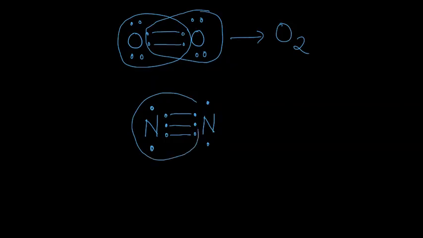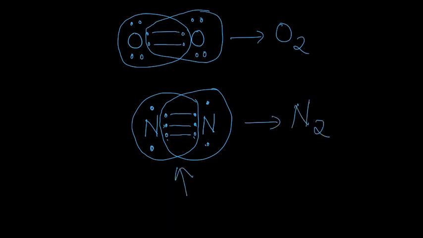So this nitrogen has 3, 4, 5, 6, 7, 8 electrons, and this nitrogen also has 1, 2, 3, 4, 5, 6, 7, 8 electrons. So it forms nitrogen gas with a triple covalent bond.